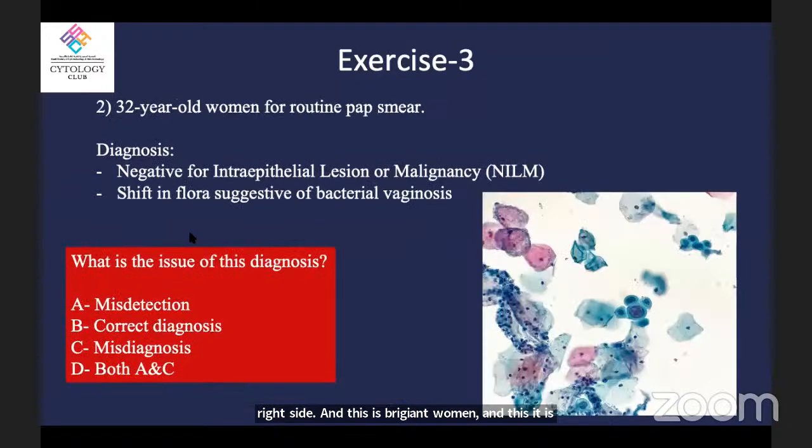Let's move to the second question. A 32-year-old woman for a routine Pap smear; the diagnosis of the cytoscreener was negative for intraepithelial lesion or malignancy, and shift in flora suggestive of bacterial vaginosis. So what is the issue? Is it misdetection, correct diagnosis, misdiagnosis, or both?